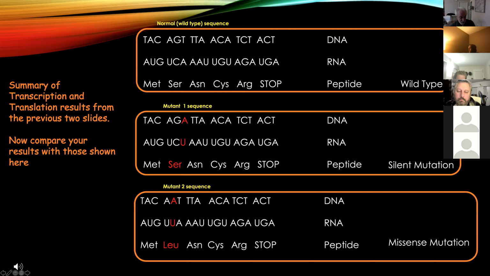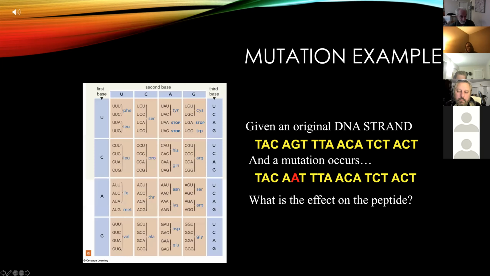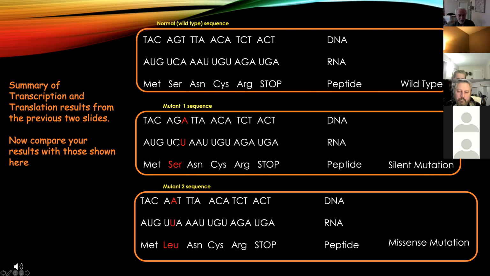And if we look that up, it's still serine. So the peptide sequence didn't change. Even though we have a mutation in the DNA, the peptide sequence remains the same. So this is called a silent mutation. It is a mutation, but it has no effect.